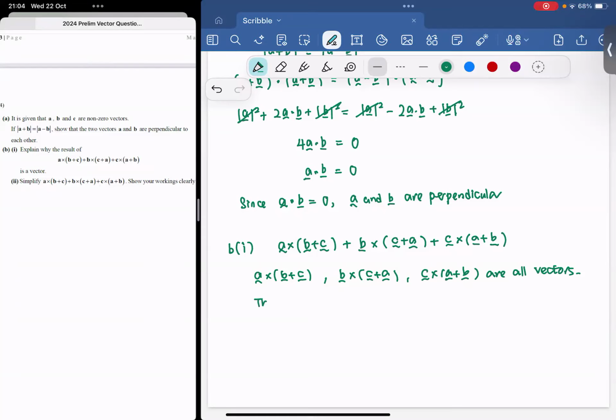The sum of vectors is also a vector. Not a very nice question that they put there.